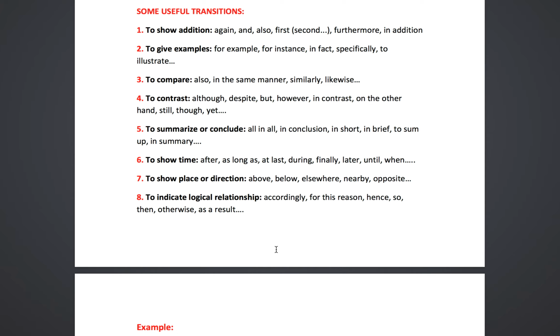To give examples, you can use for example, for instance, they are the same. In fact, specifically, to illustrate, they all give the same meaning. To compare two things together, you can use also, in the same manner, similarly, likewise.